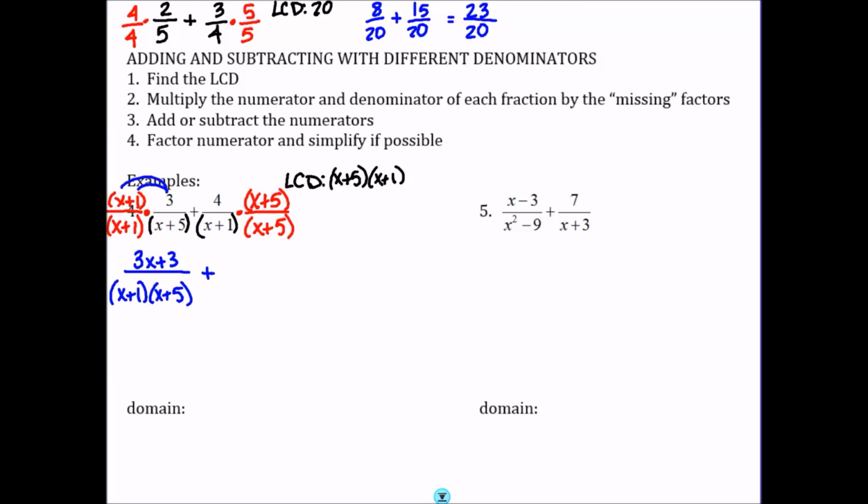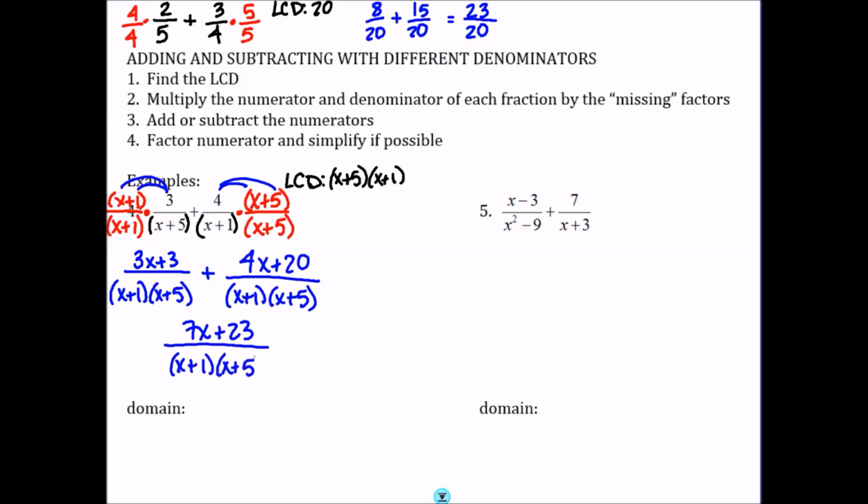Then for the second fraction, you need to distribute the 4. You get 4x plus 20 over x plus 1, x plus 5. Then you can go ahead and add. So we end up with 7x plus 23 over x plus 1 times x plus 5. Since we can't factor the numerator, that is our final answer.